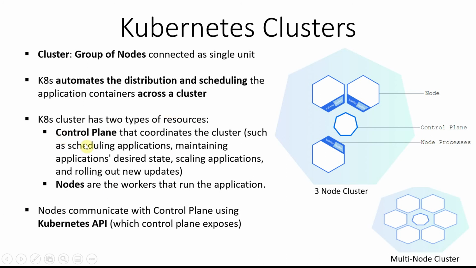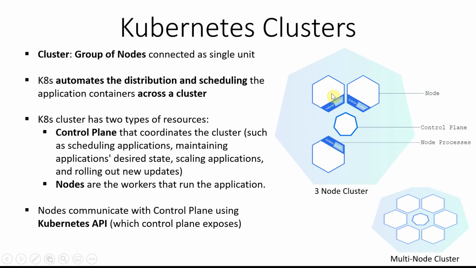I think we discussed the control plane. Primarily there are 2 components in a Kubernetes cluster. A control plane, which is the centerpiece that coordinates the cluster. Primarily it looks at scheduling your application onto the nodes, and also maintaining the application's desired state.